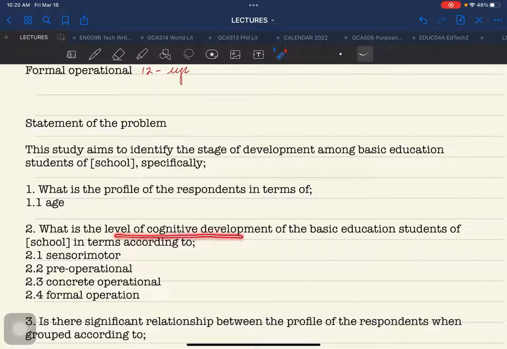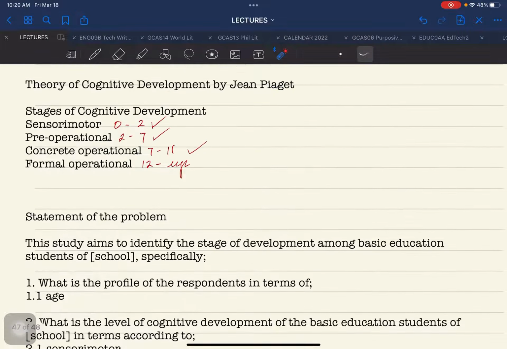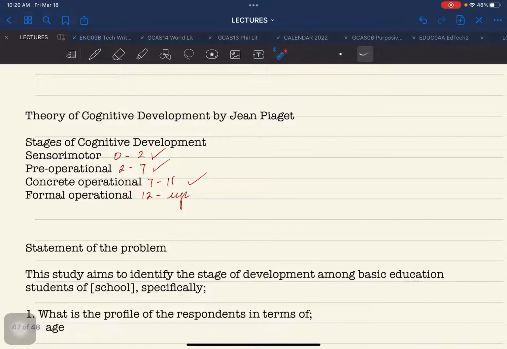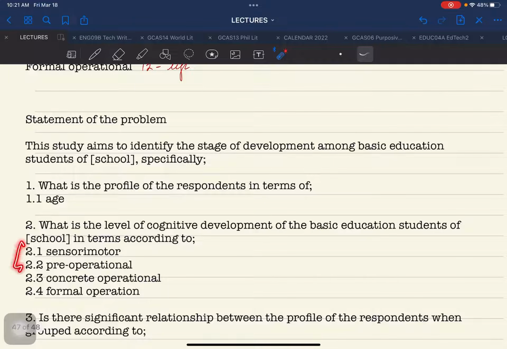What is the level of cognitive development of the basic education students of the name of the school in terms of the following? So you already have choices or alternatives that you can use in order to test the cognitive development of the students using the domains presented in the theory of cognitive development by Piaget. These are reflected in your statement of the problem number 2.